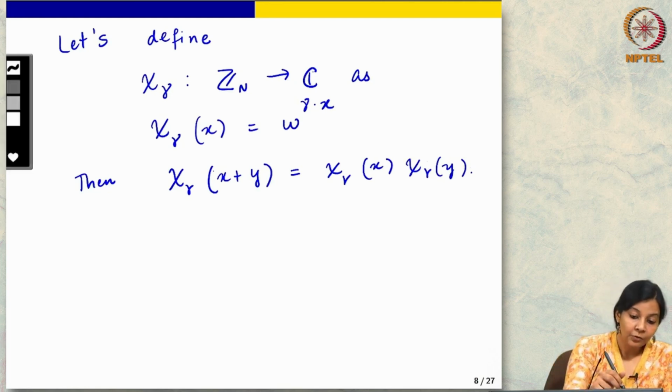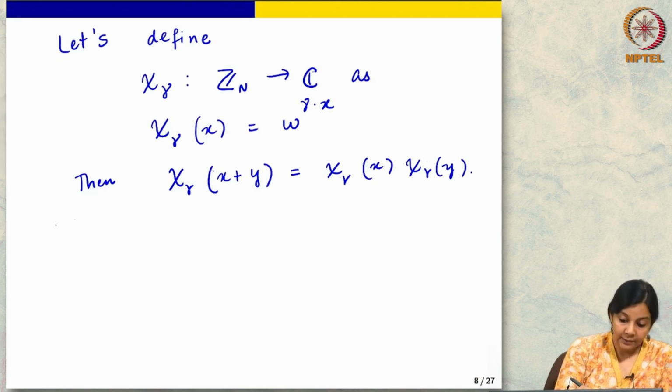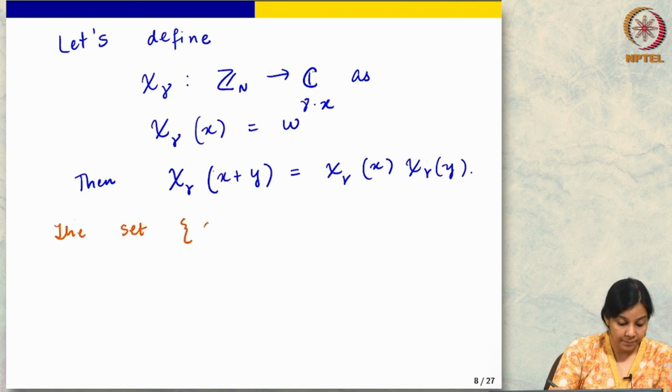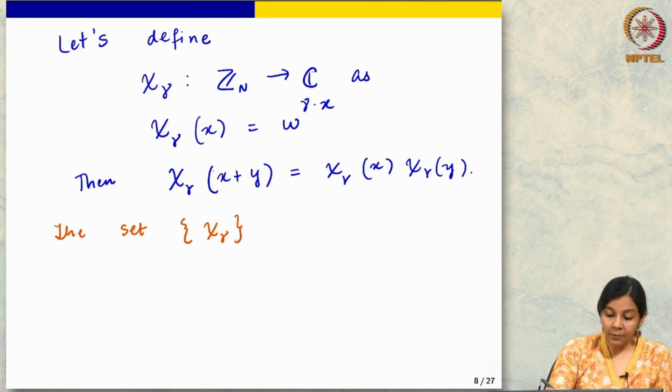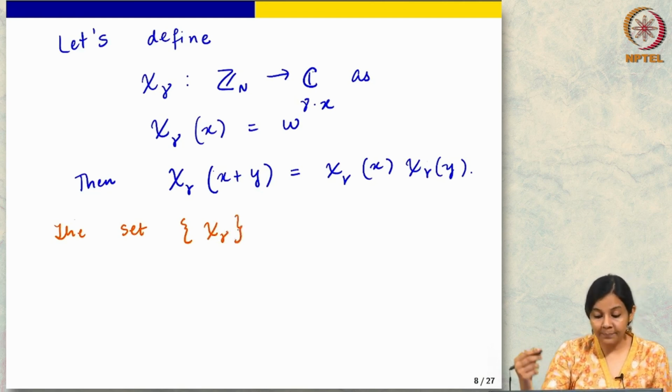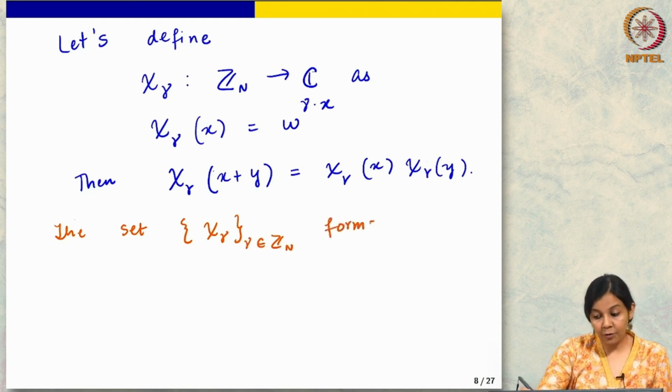Okay. So, we can conclude that the set, actually we cannot conclude yet, maybe we will claim that the set chi gamma for gamma in Zn forms an orthonormal basis.